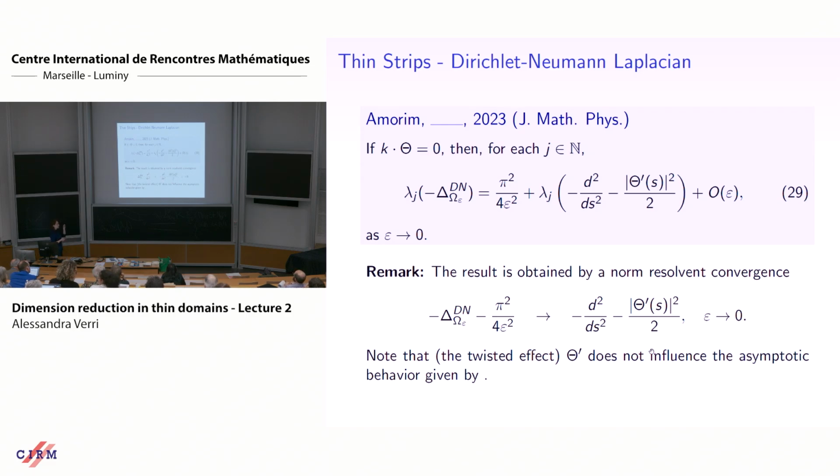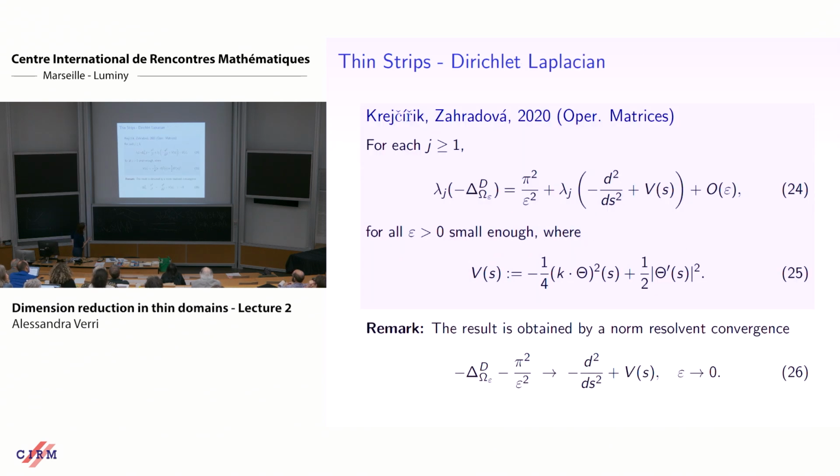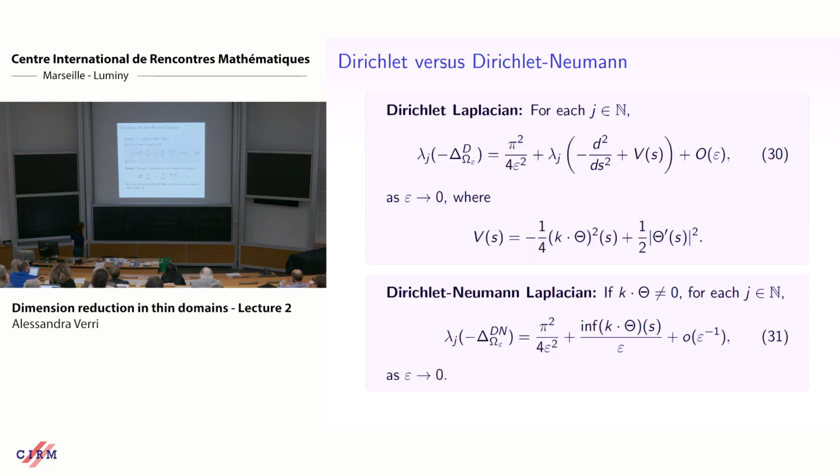So a twisted strip in this model creates discrete eigenvalues. So you have these particularities. I put here both results to compare: the Dirichlet case and the Dirichlet-Neumann case, here the case where k theta is different from 0.